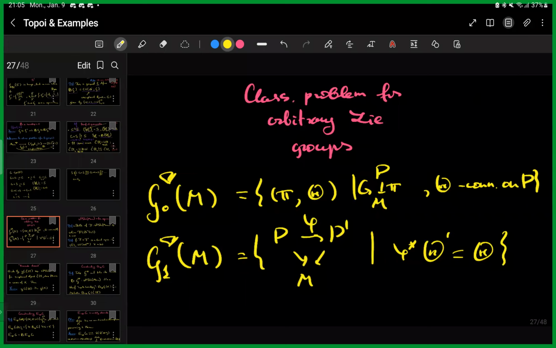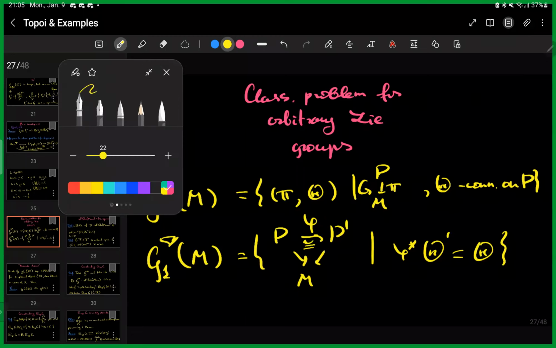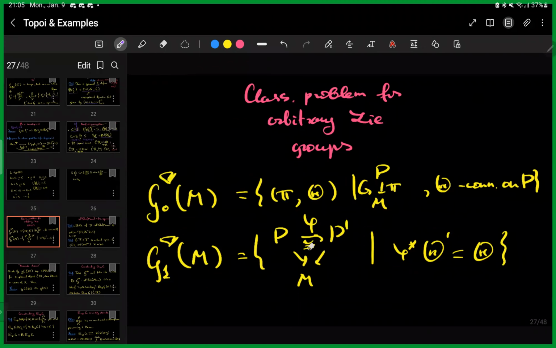So we define this new groupoid of bundles with connections as a groupoid where objects are given by pairs consisting of a principal bundle and the connection on it, and morphisms are given by isomorphisms which cover the identity map on M and pull back the connection on P prime into our connection.